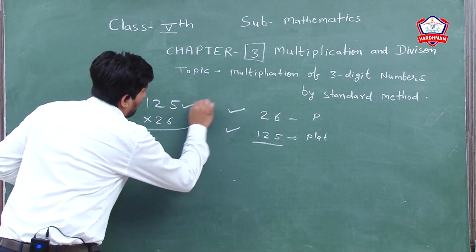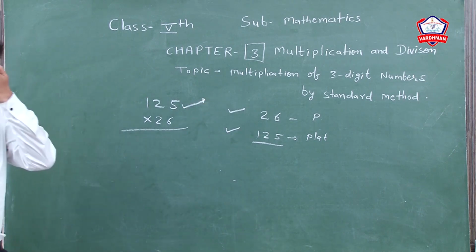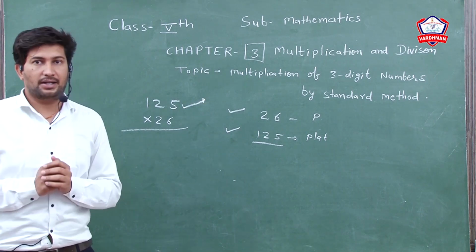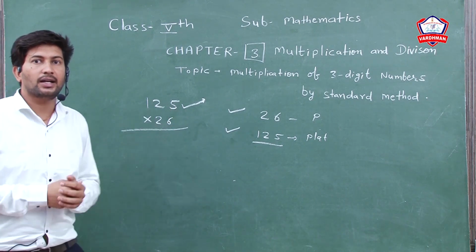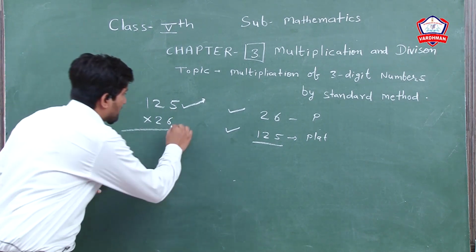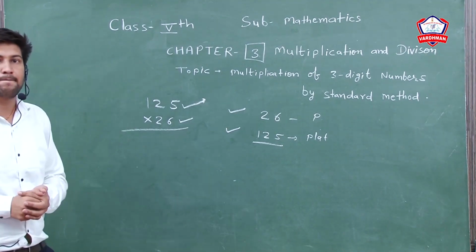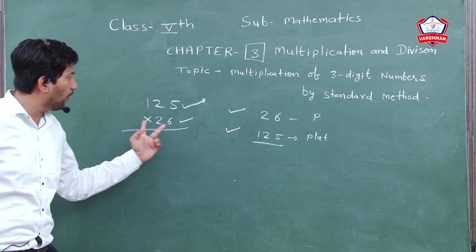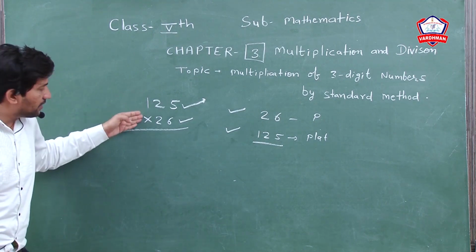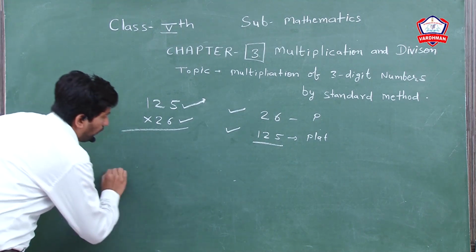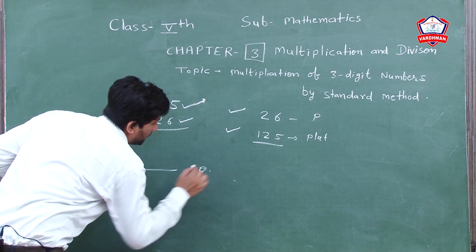The first, upper number we will call the multiplicand, the second number we will call the multiplier, and the result we find we will call the product.